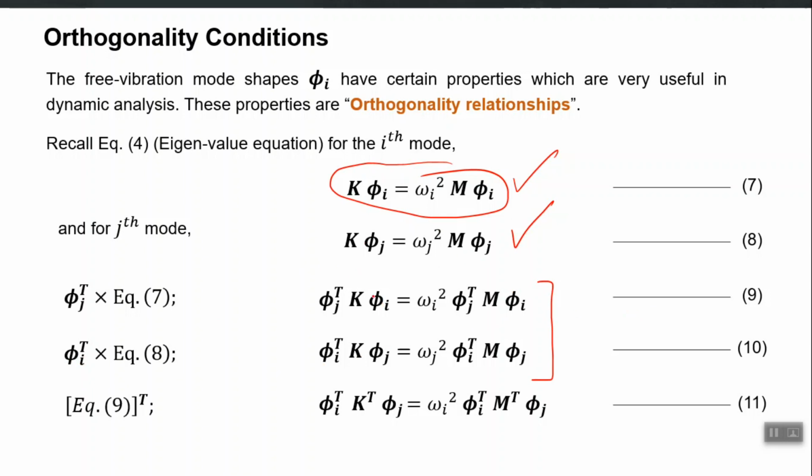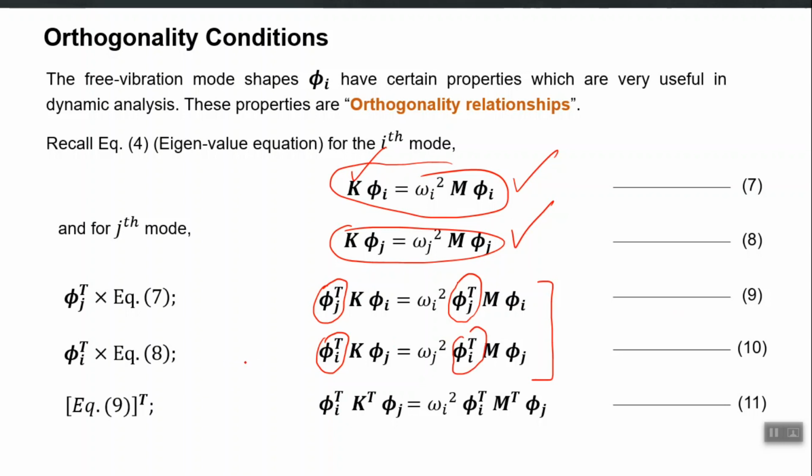So phi j transpose is multiplied to this equation, and here also you have phi j transpose. Similarly, phi i transpose is multiplied with this equation, so you will have phi i transpose on this side and phi i transpose on this side also.